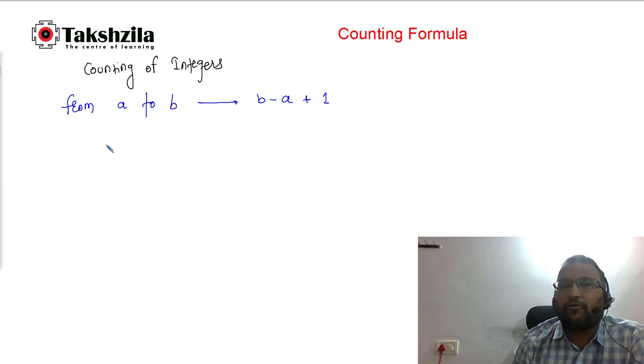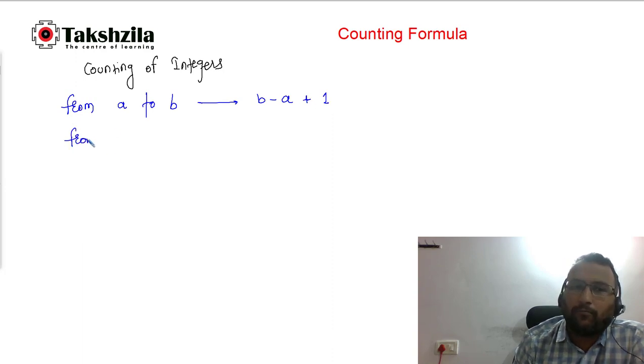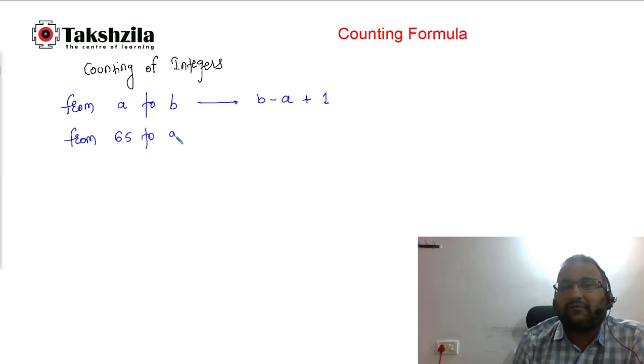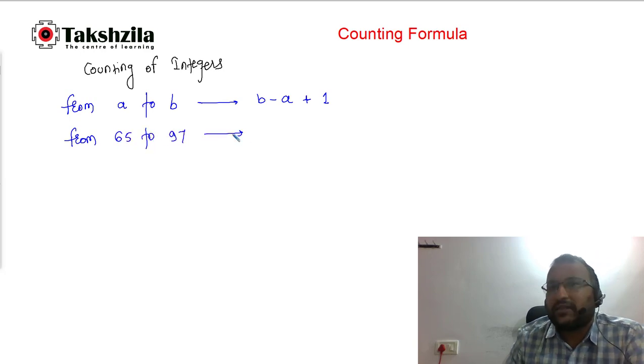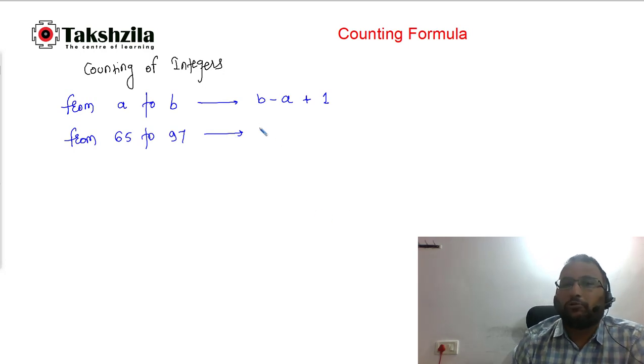For example, if I want to find from 65 to 97, how many integers are there? What you are supposed to do is 97 minus 65 plus 1, that is equal to 32 plus 1, 33 integers.